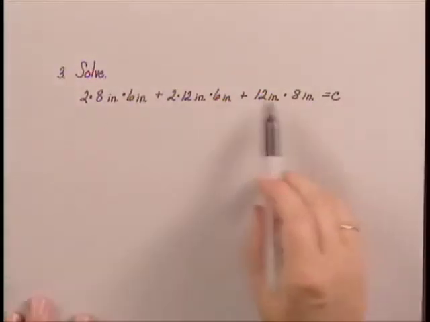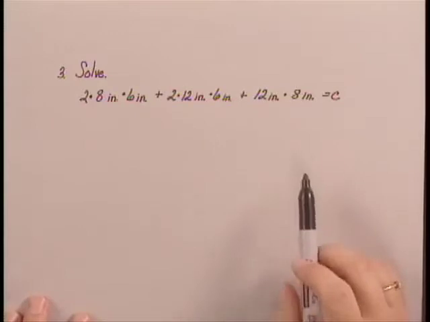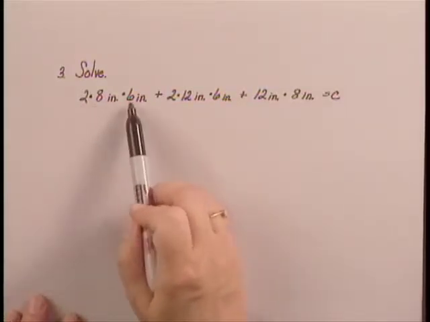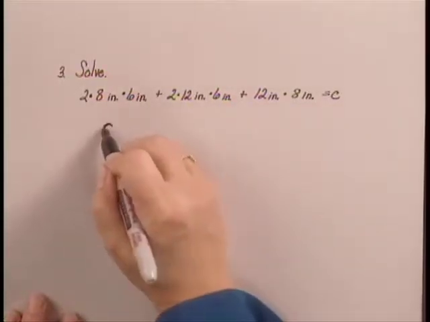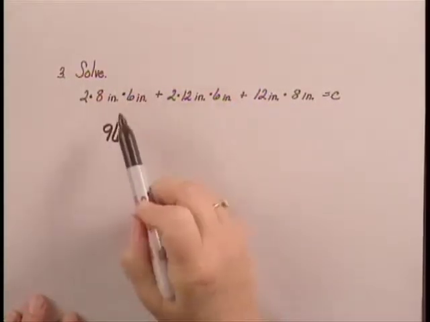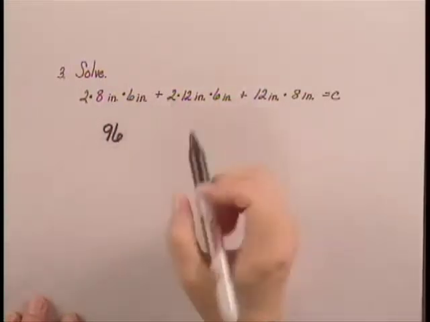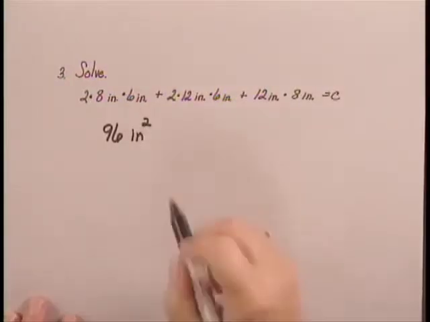To solve this equation, I need to carry out all of these multiplications and additions. I'm going to start by carrying out the multiplications. I have 2 times 8 inches times 6 inches. 2 times 8 times 6 is 96. And because I'm multiplying something measured in inches by something measured in inches, I will have square inches as a unit.